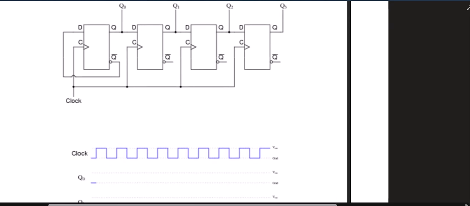But so we're going to start with Q0, which is right here. And it's going to be the easiest one because it only depends on Q bar from the time before. So it started at 0, which meant that Q bar was 1.